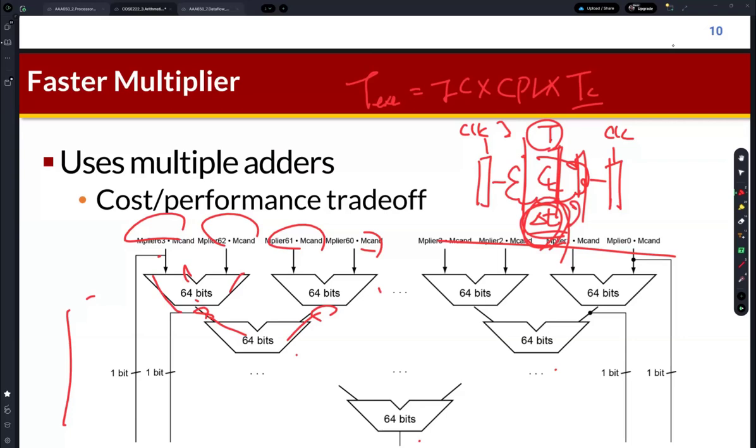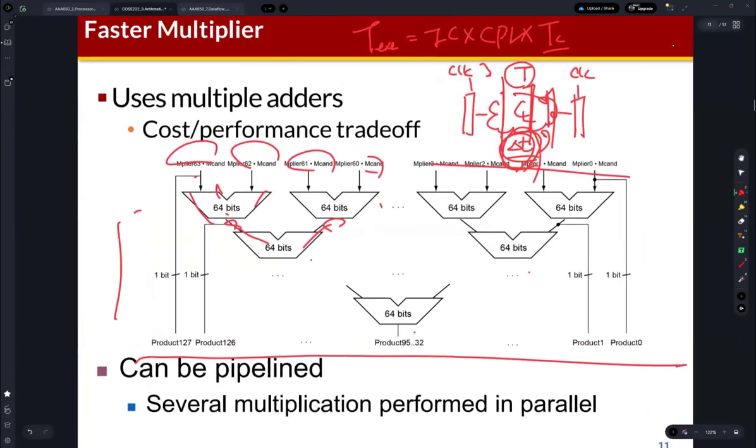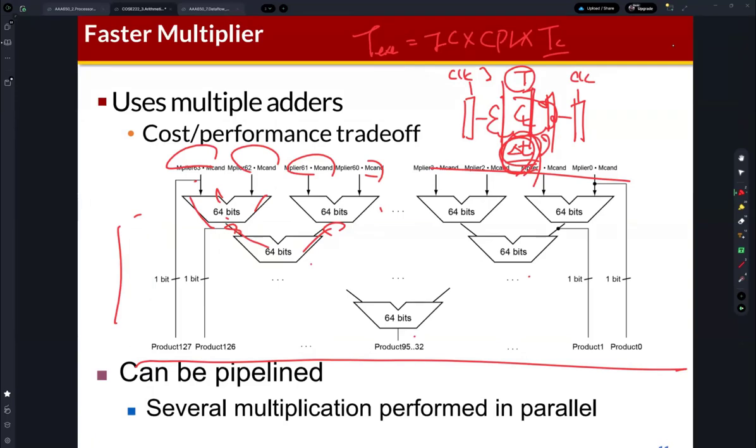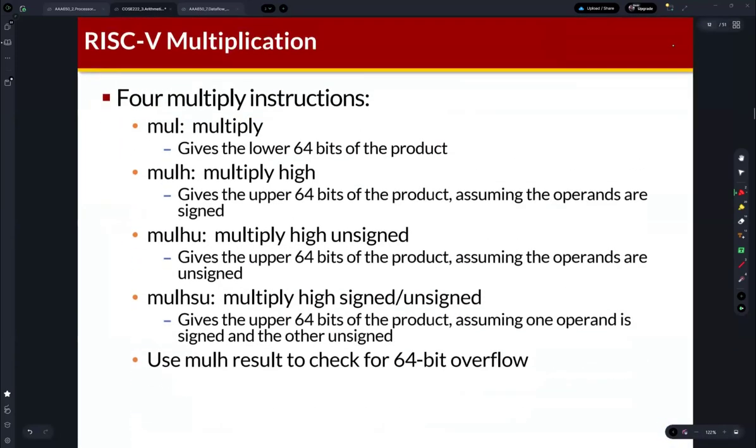So this is the concept of pipelining. Because the multiplier hardware is more complex than the adder, we can insert D flip-flops between these steps, and then we can reduce the critical delay. So this is pipelining.